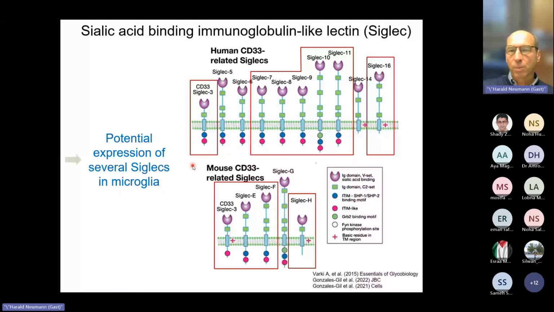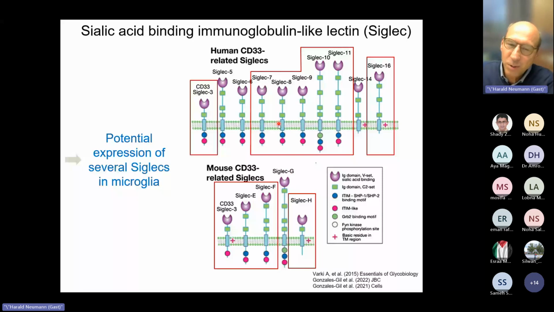So they are responsible for controlling the immune system. And you see already that the labeling is quite different. In mouse, they have Siglec E, F, G, so they mainly have alphabetic numbering. And in humans, they just have numeric numbering. So already the numbering is different.